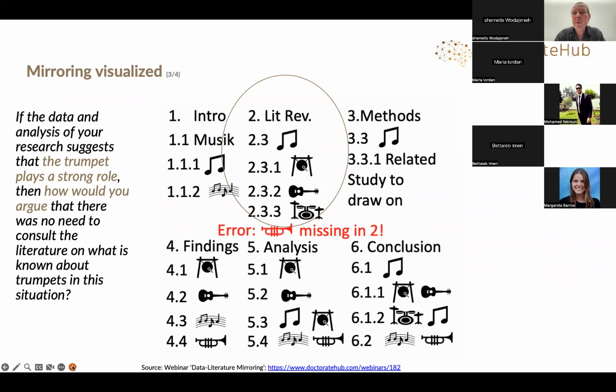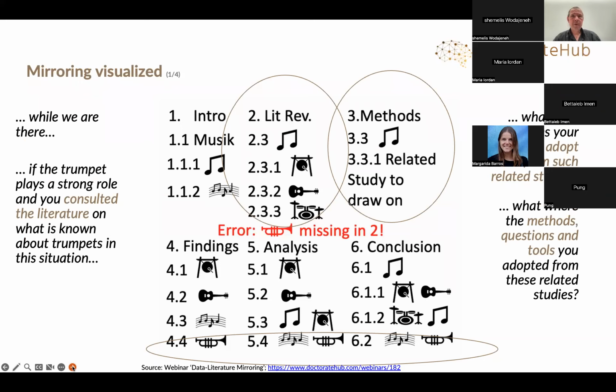If the data you collected shows a trumpet is of relevance, and the data are also further used for the analysis and brought together with notes, and that then tells something in the conclusions, right? So you can immediately understand what is missing and what should still be there.